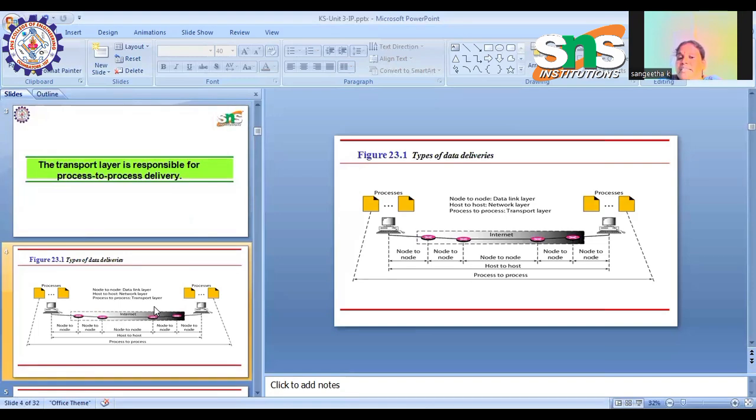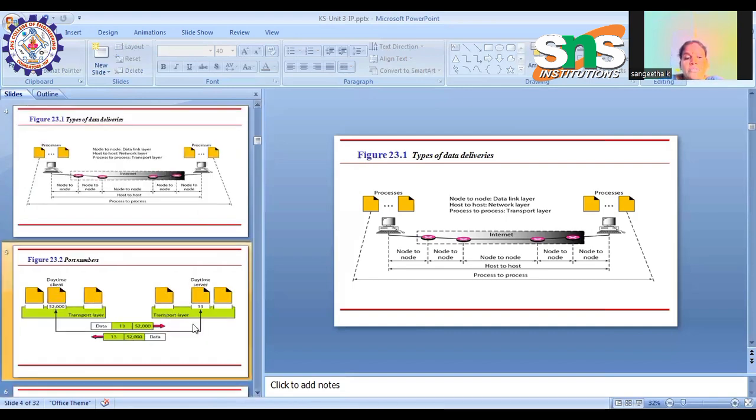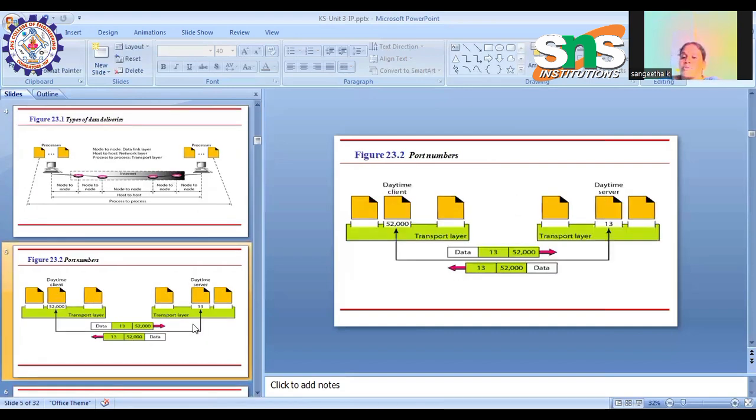Here, various processes are running on both the source and destination side. The diagram shows each process is identified by a special address called a port address. We can also call this a socket address. With the help of the address, the process will be identified.